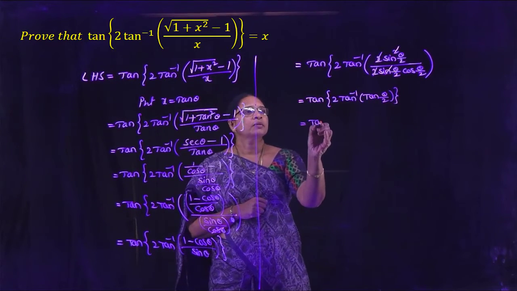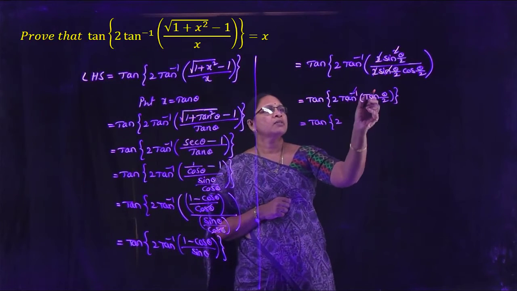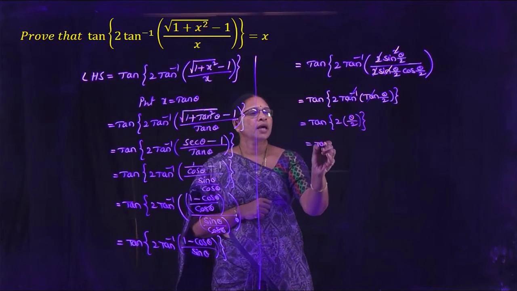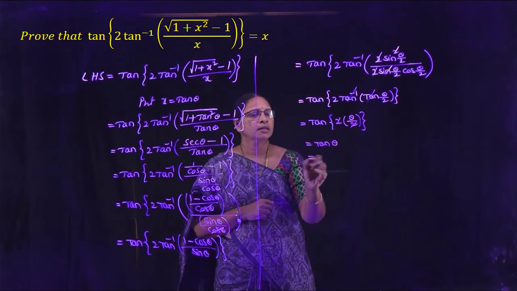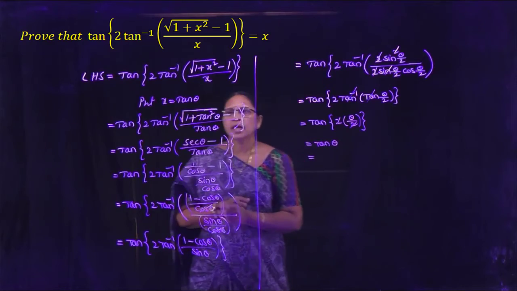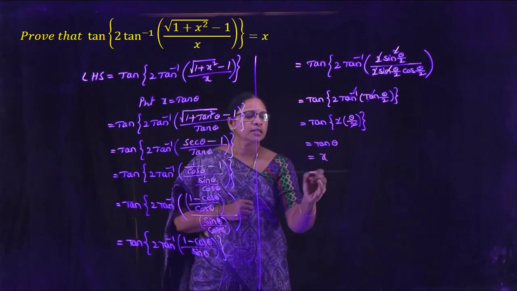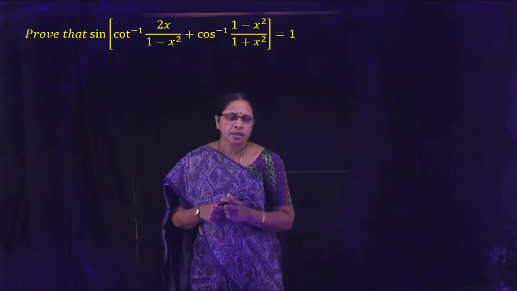That equals tan of 2 into, here tan inverse tan gets cancelled, theta by 2. That equals tan of 2 gets cancelled, that is tan theta. Here we know that x is tan theta, that is tan theta equals x, that equals RHS.